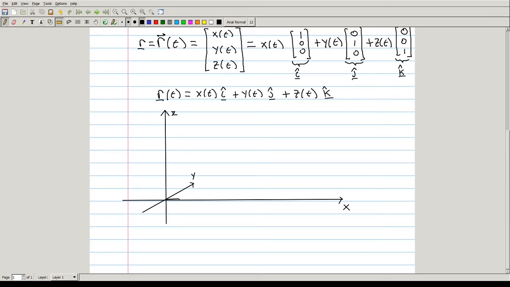And therefore, our unit vectors i hat, j hat, and k hat look like this. This is a 3-dimensional axis and a 3-dimensional picture.